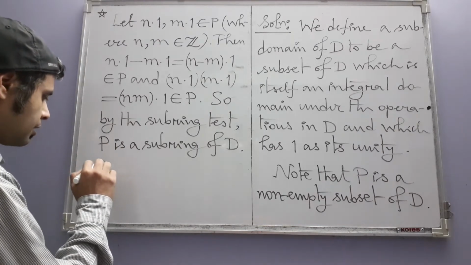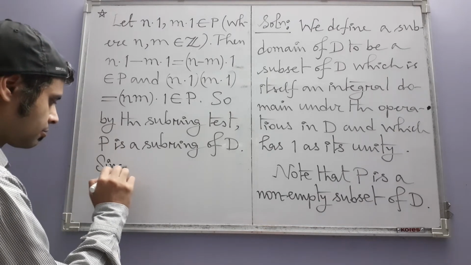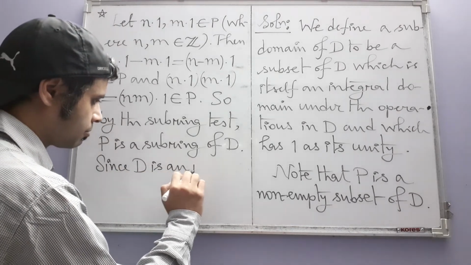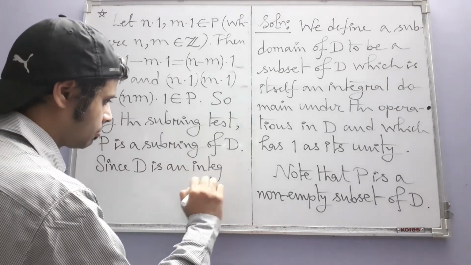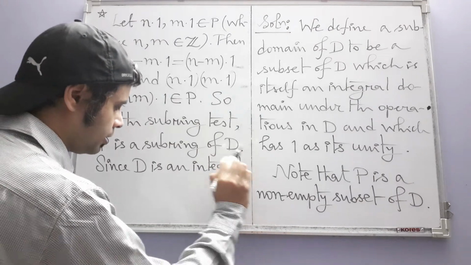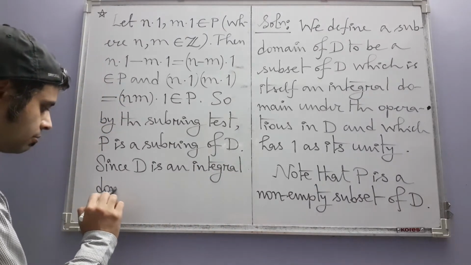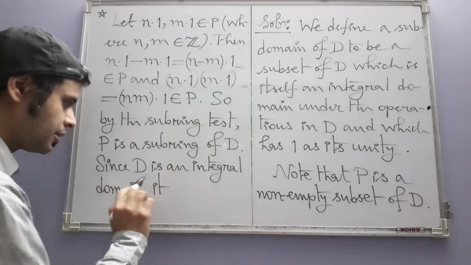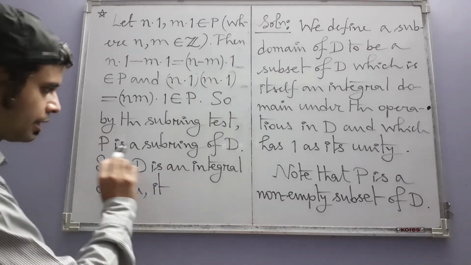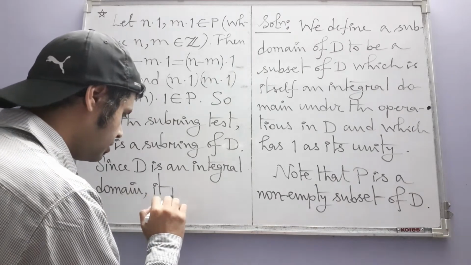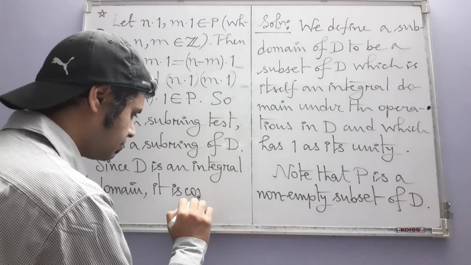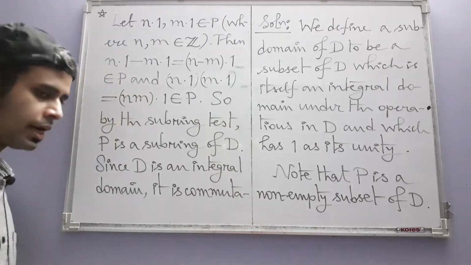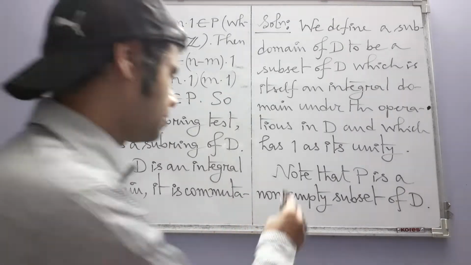So we write accordingly, since D is an integral domain, something else is also there that also we need to mention. It is commutative and lacks zero divisors.